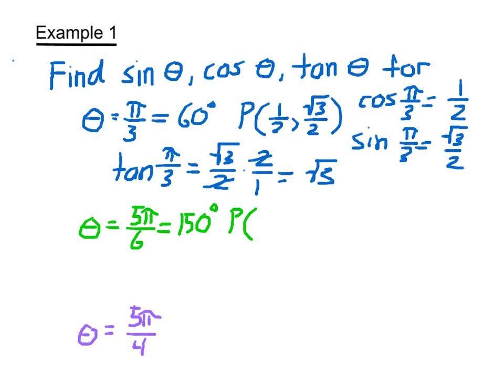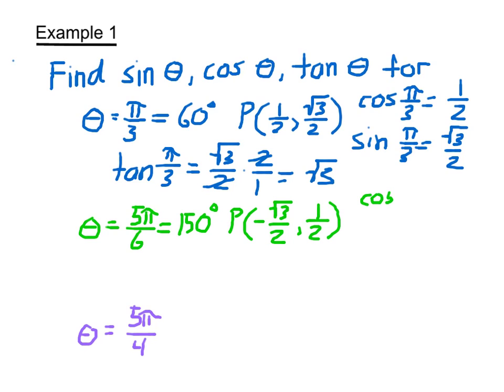If we go back to the unit circle in the previous part of this video or in the textbook, we can find that the x-coordinate, or you can figure this out on your own, is negative square root 3 over 2, because we're in the second quadrant. And the y-coordinate is a positive 1/2, also because we're in the second quadrant.